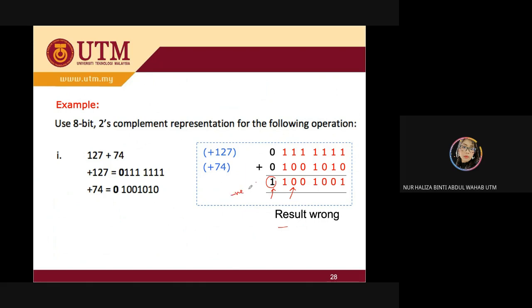But when you apply normal adding, without mentioning whether it is negative or positive, because it is a positive number, you will get the correct value, which is 201. Only when you apply first complement or sign magnitude, you will get a wrong answer because you assume this to be negative.